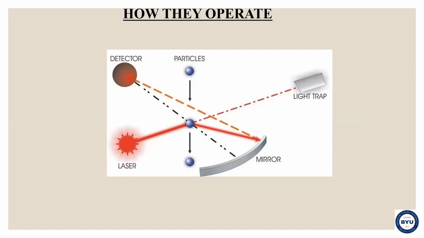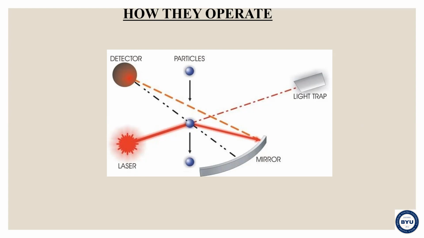So this is how these instruments work. It's based on the light scattering and light absorbing principle. It has a laser, and the particle goes through the geometry or the region within the design of this sensor. As the particle is going through it, the laser intersects with the particle and then it gets scattered in various angles.